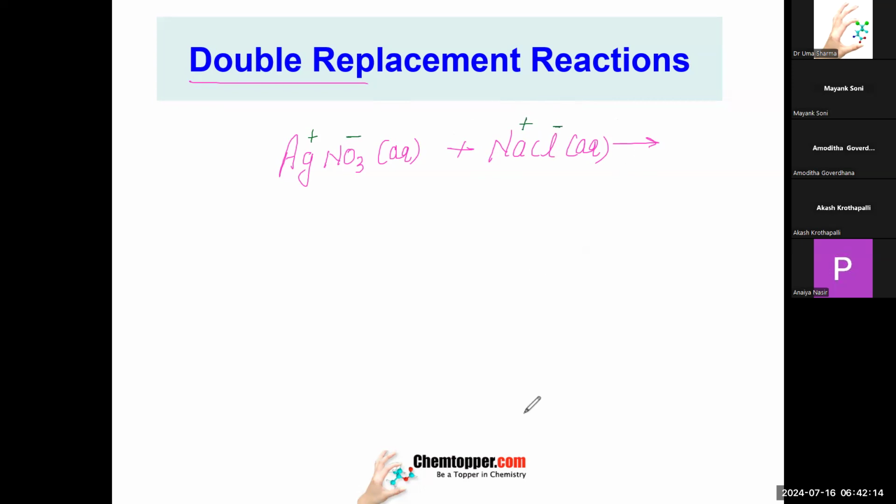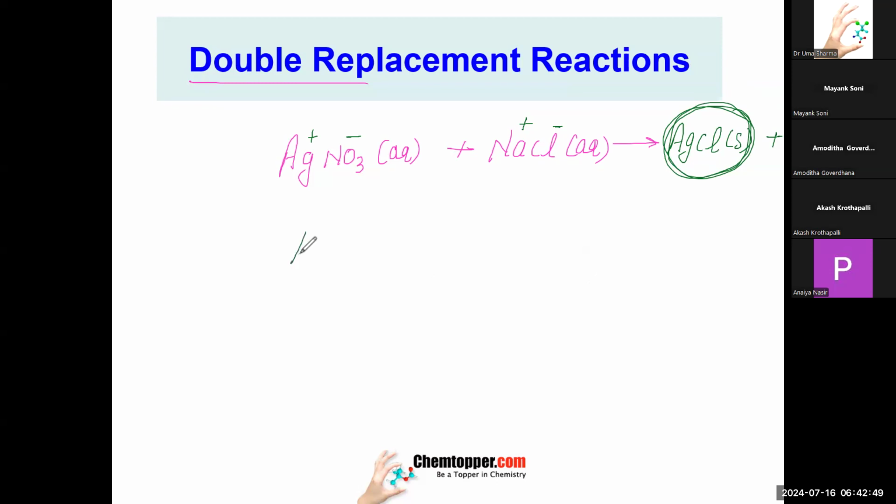What's the product? AgCl. This AgCl is not soluble. It will come out. And NaNO3. This is soluble. This is double displacement, children. Reaction has taken place because I can see this solid coming out. But the question is, how do you know it's solid? So we are going to do solubility rules just now after this.